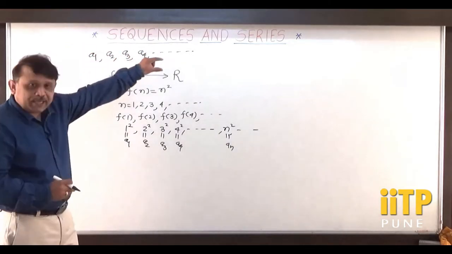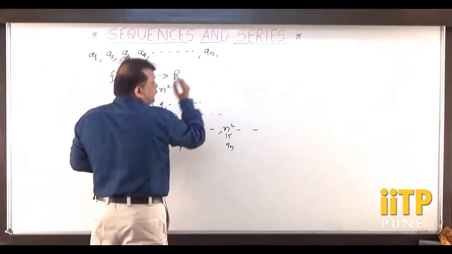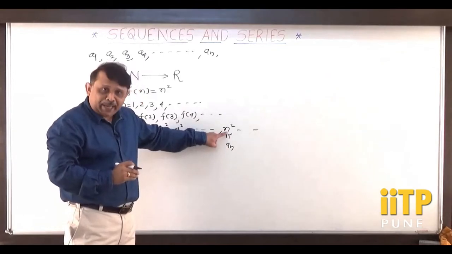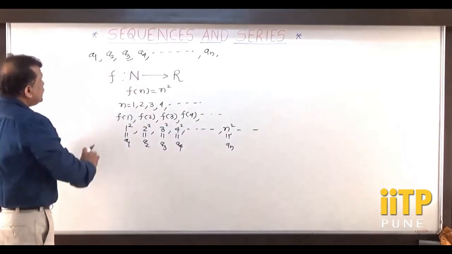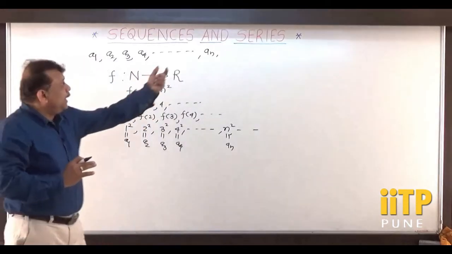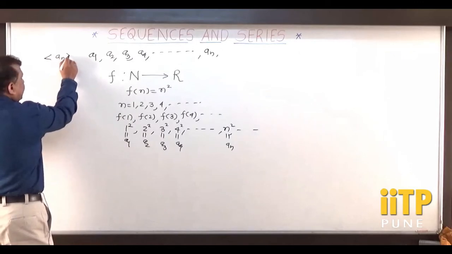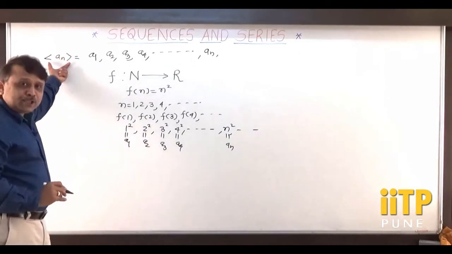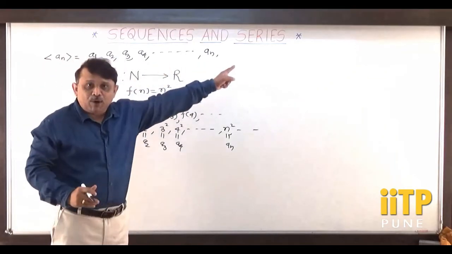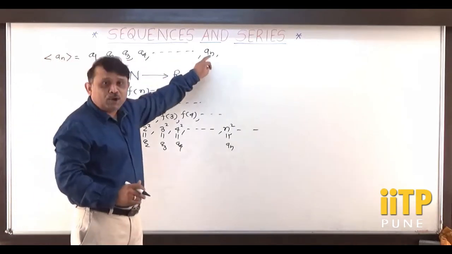So this is a sequence. Its nth term is given by an, and here the formula for the nth term is n square. Let us represent this sequence by writing its nth term in a bracket. When I write bracketed an, we mean this sequence: A1, A2, A3, A4, ..., an.